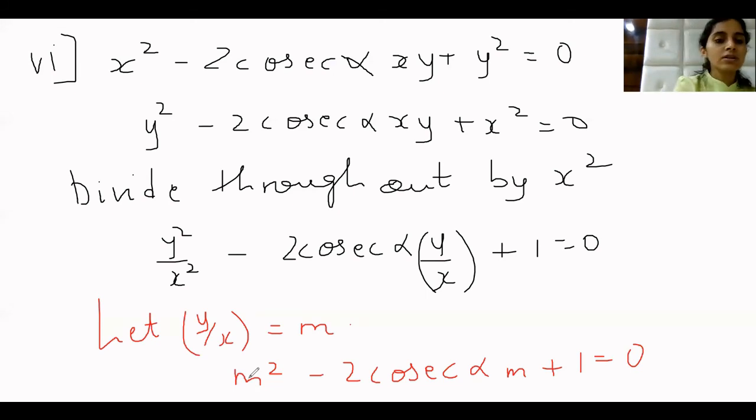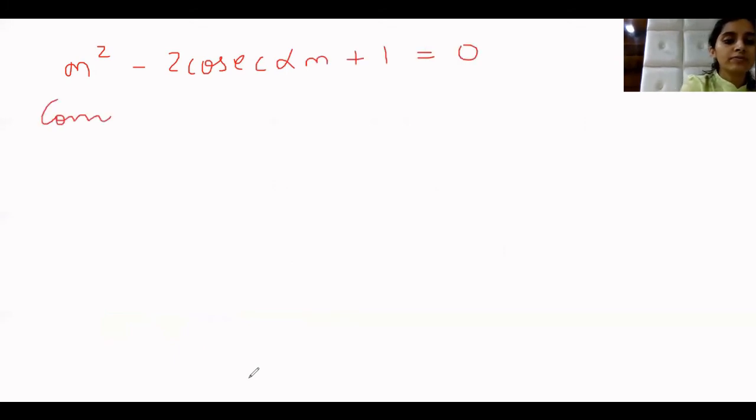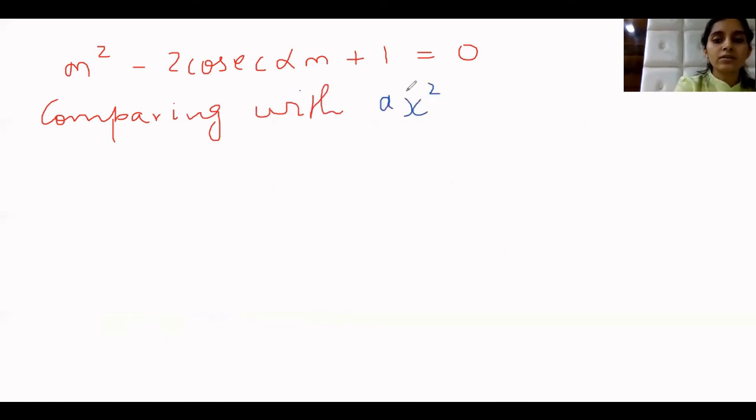If you remember, I'm writing this equation here, m square minus 2 cosec alpha m plus 1 equal to 0, comparing with ax square plus bx plus c equal to 0.